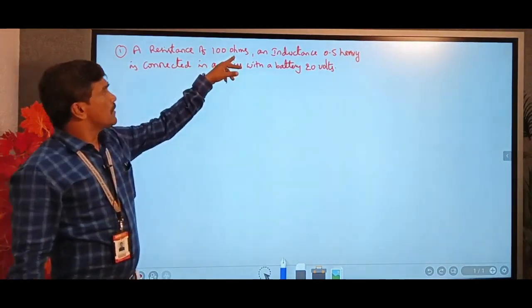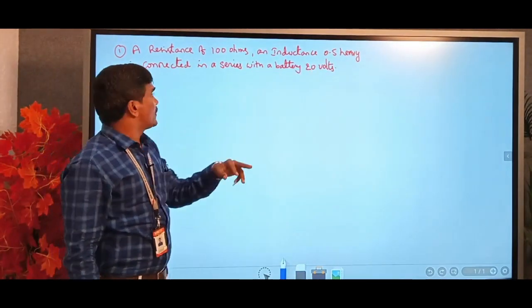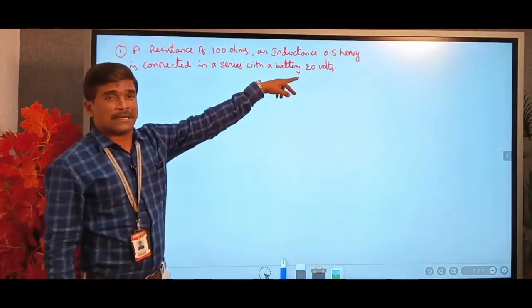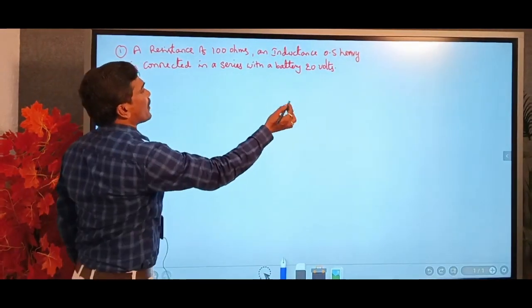So a resistance of 100 ohms, inductance 0.5 Henry, is connected in series with a battery of 20 volts. So here find the current.